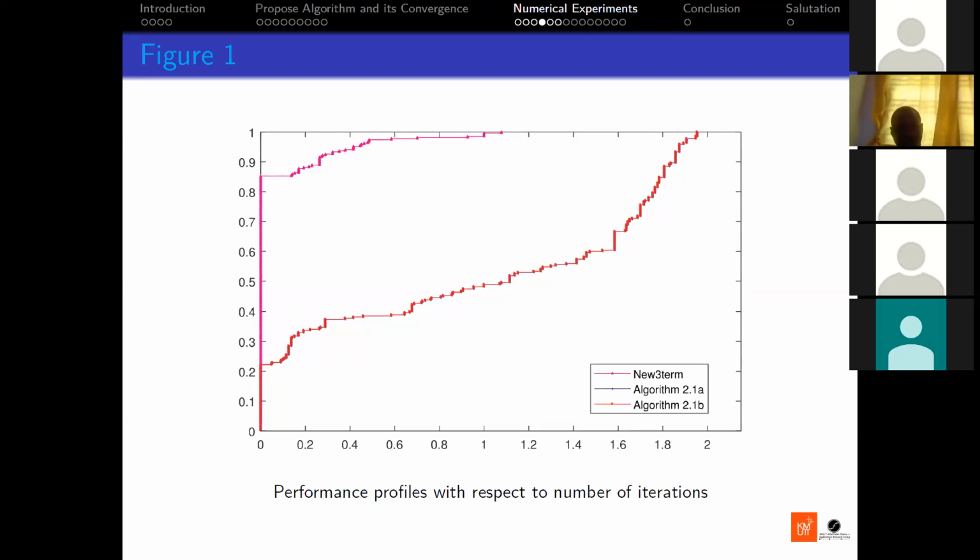The red one seems to be diverged. I would like to get your explanation about the result of this feature. The pink one seems to converge to one, and for the right-hand side, the red one seems to be diverged.